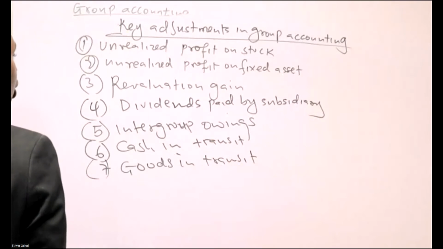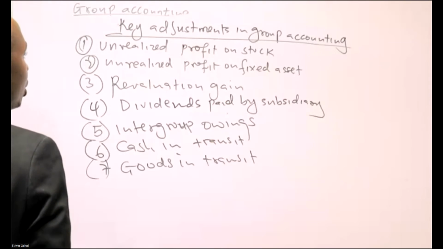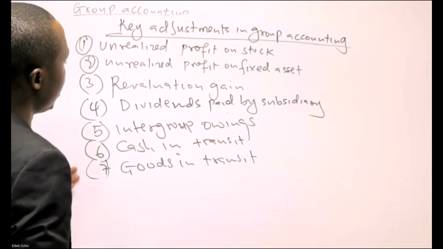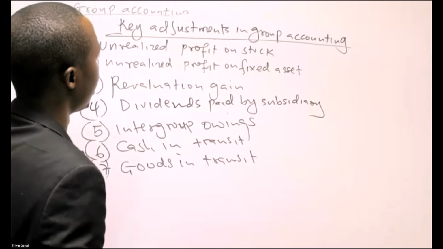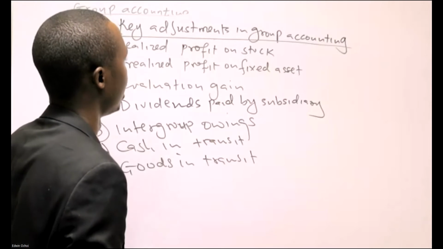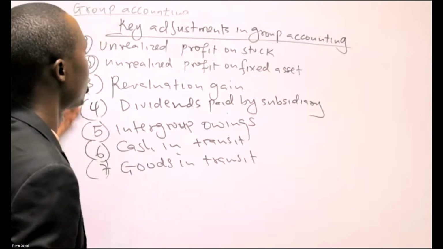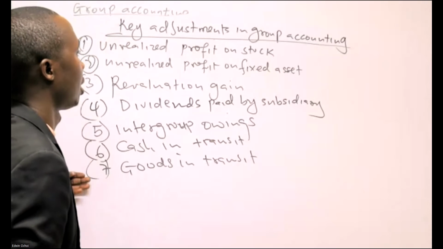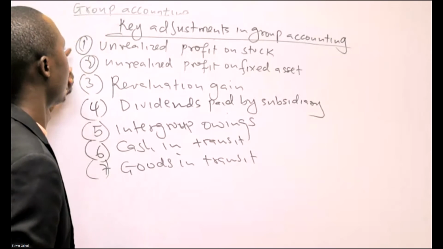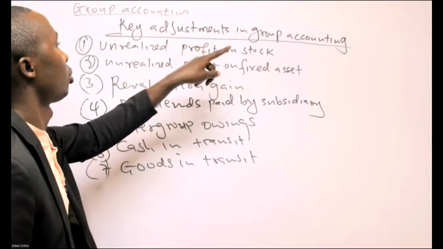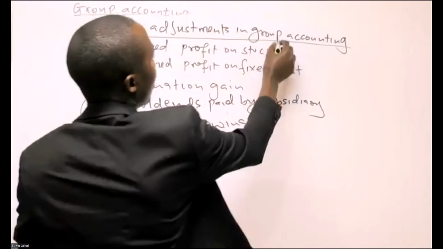Those are the major adjustments which you need to understand, and this is what builds additional information beside the goodwill. There's nothing other than this. Unrealized profit on stock, I will be using the word UPS.